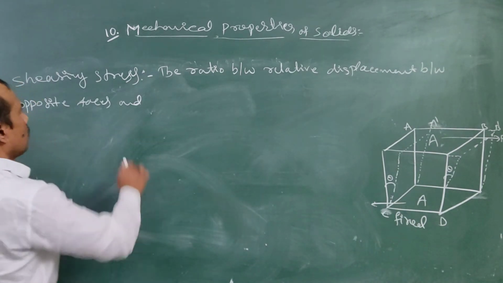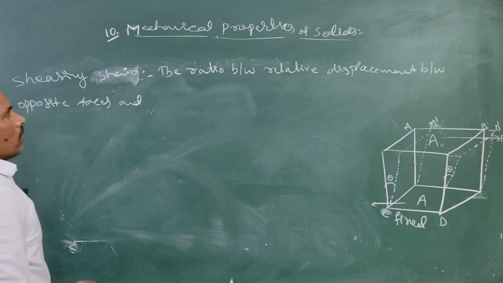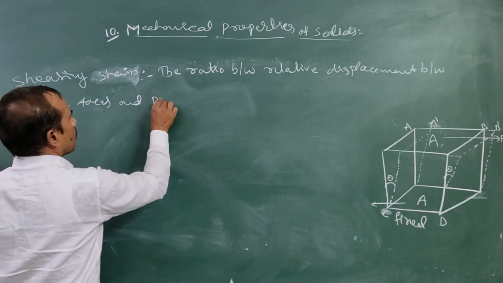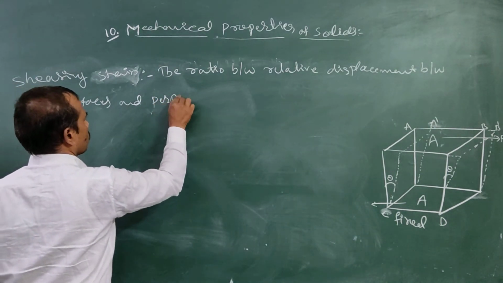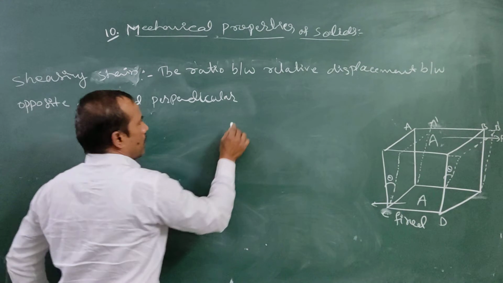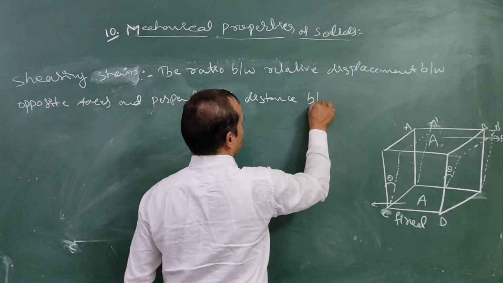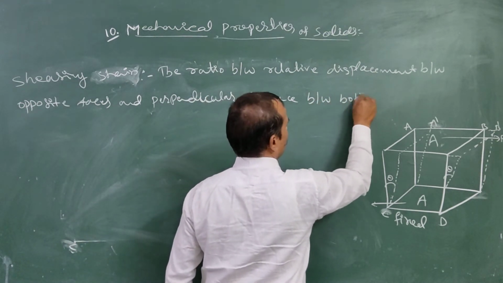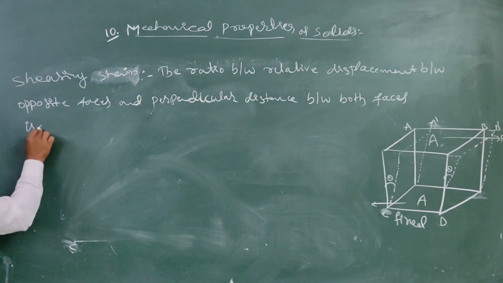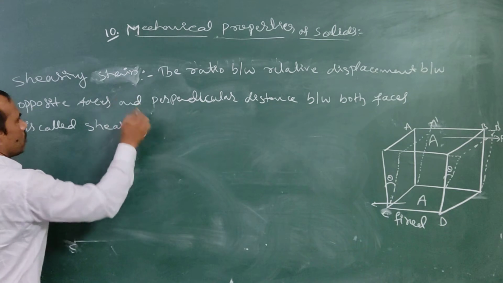Write the statement of shearing strain. Okay, the ratio between relative displacement between opposite faces and perpendicular distance between both faces is called shearing strain.